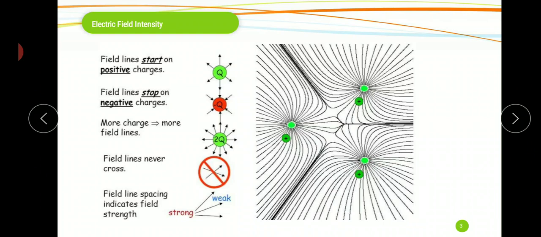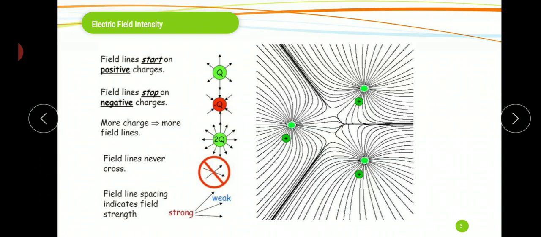That means all the electric lines start from plus Q and stop at minus Q. They always travel from positive charge to negative charge. In simple terms, electric field lines move away from the positive charge and move towards the negative charge.